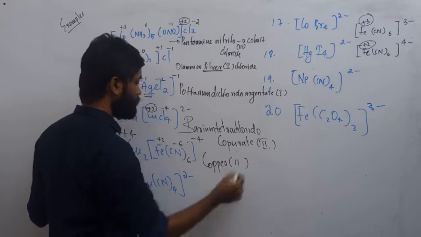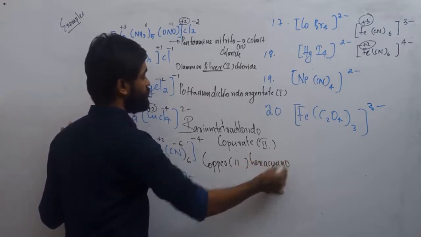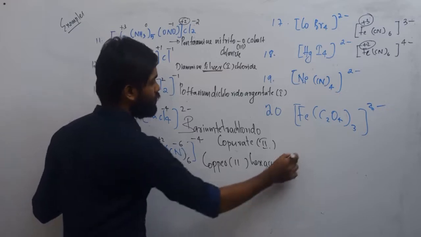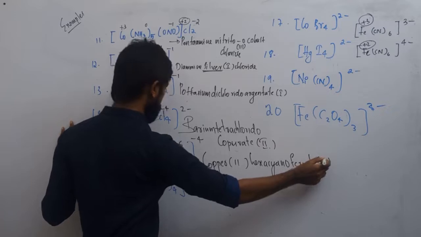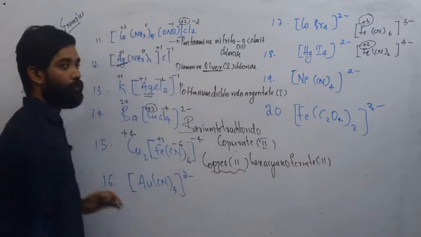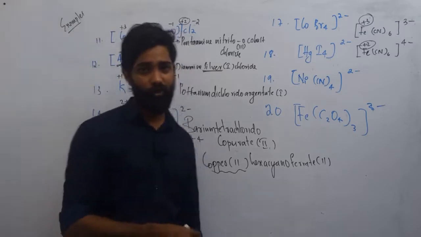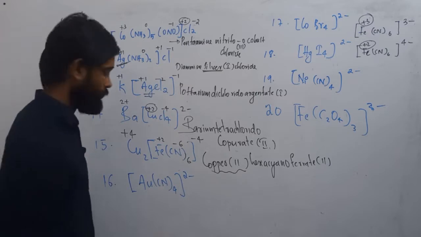Copper 2, the next hexacyano, ferrate 2. Ferrate 2, yeah, ferrate 2. Copper is a variable transition element with variable oxidation state, so you have to mention its oxidation state also. That's better. Okay.